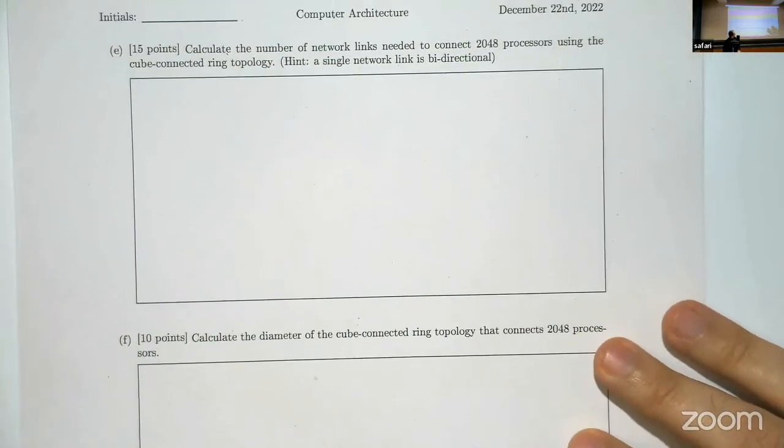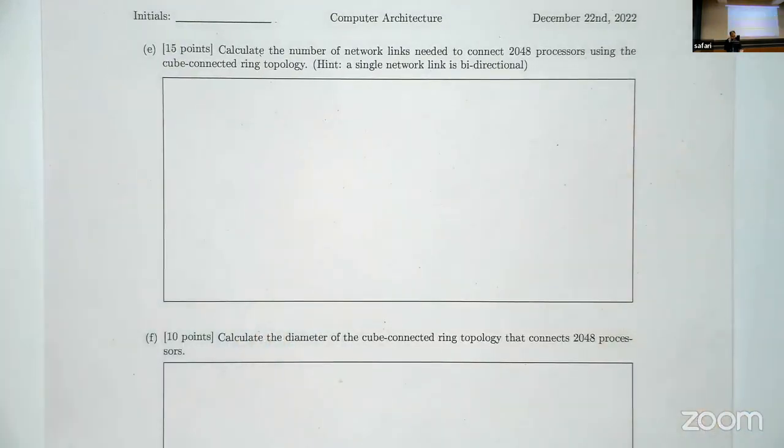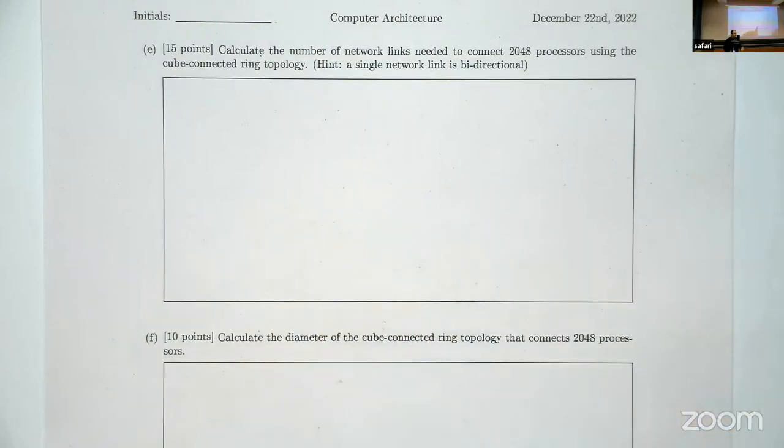So the next part, we are asking for some numbers for this topology. We are asking about the number of network links needed to connect these 2048 processors. Now we want to use this cube connected ring for our example, where we want to connect 2048 processors.